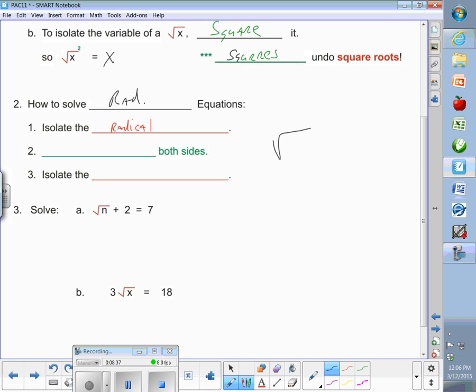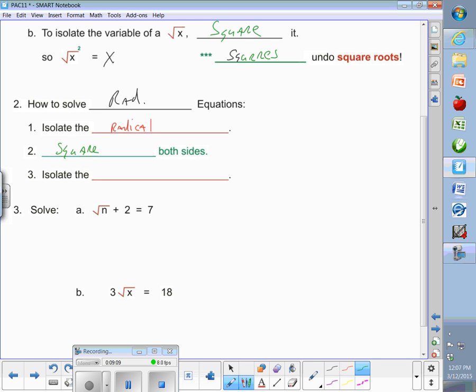I had something like this. So I know a square is going to undo that square root. Would that be legal? Is that a legal maneuver? Not quite. What would make it legal? By doing it to both sides. So once you isolate the radical, now you're ready to square both sides. You got to do it to both sides.